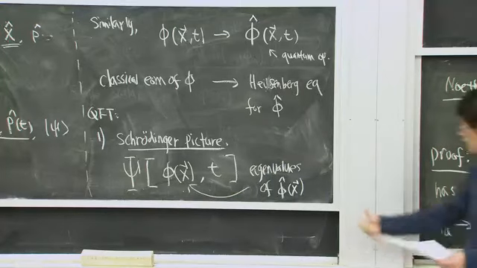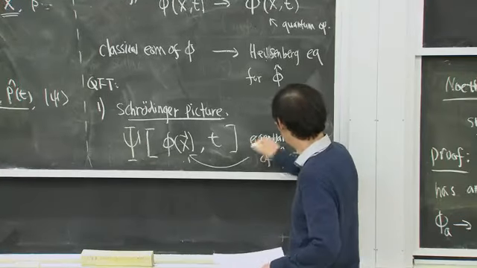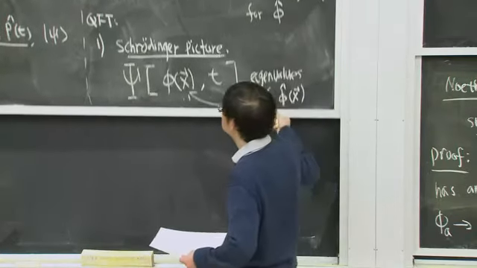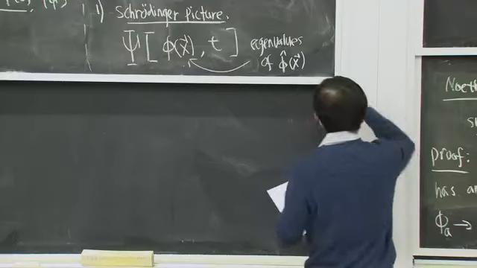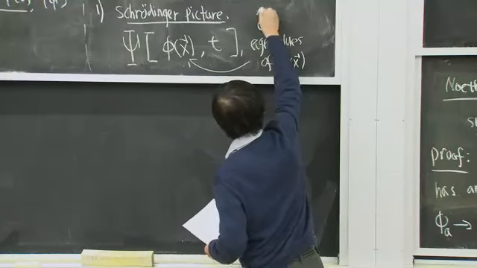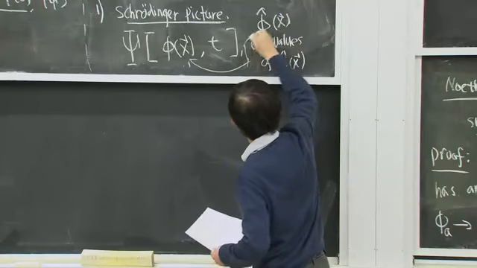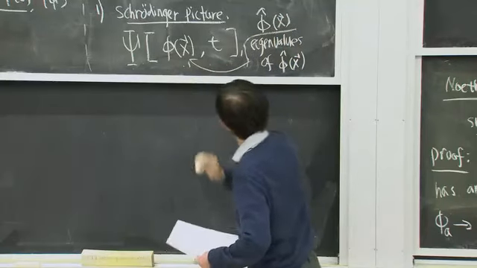And you solve the Schrodinger equation for this, and then you have the operator phi(x). Okay, so that's what you do in the Schrodinger picture.